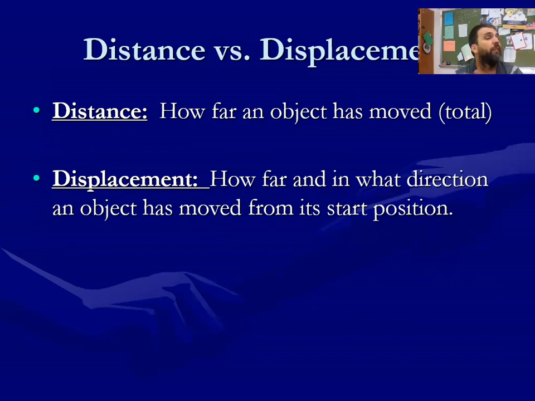What's your distance? There's 4 bases, isn't there? So 90 times 4 would be what? 360. Your distance would be 360 feet. However, what would your displacement be? 0, because you ended up at home plate. You started at home plate, you ended up at home plate, right?